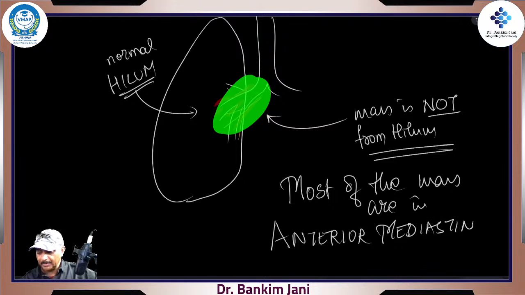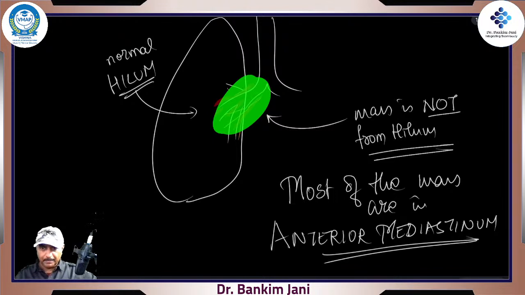In most of the cases you'll be right, unless someone has put a very crazy case, but at UG level it never happens. So you can take it for granted that whenever there is a mass at the hilum and you can see the bronchovascular markings and hilum properly, definitely this is an anterior mediastinal mass.